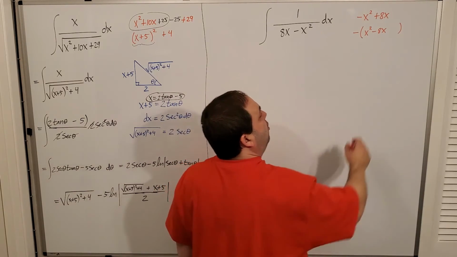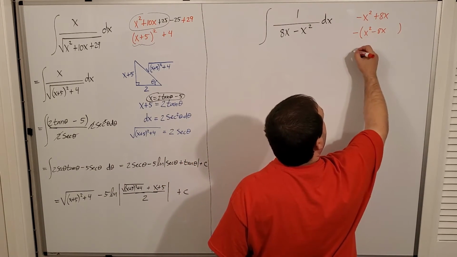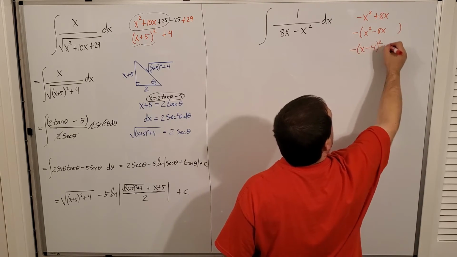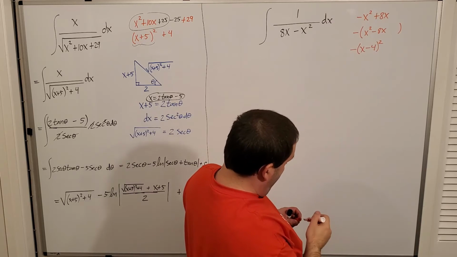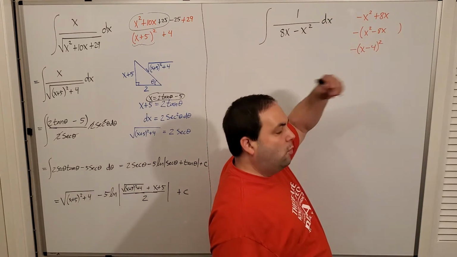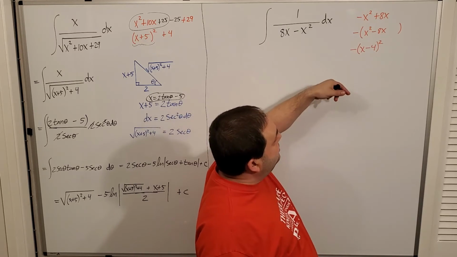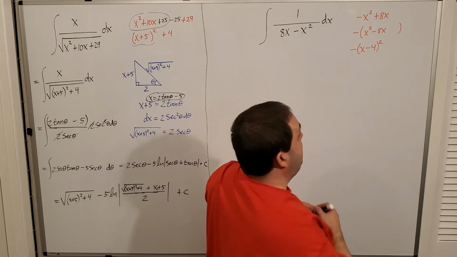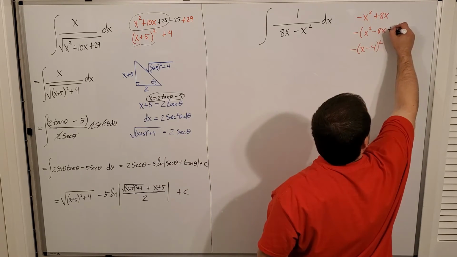To complete the square, remember you want to take half of that middle number. So I'm going to have x minus 4 squared. Okay? Now in your mind, multiply out the x minus 4 squared. That's going to be x squared minus 8x plus 16. Like this.